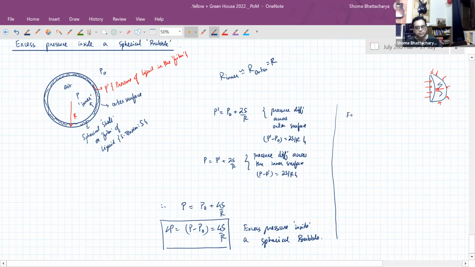So example problem. Find the pressure inside a soap bubble.